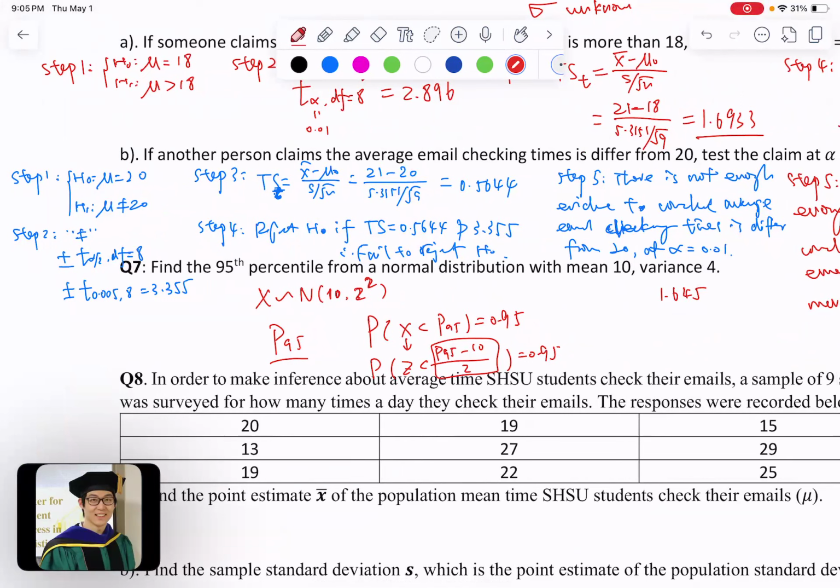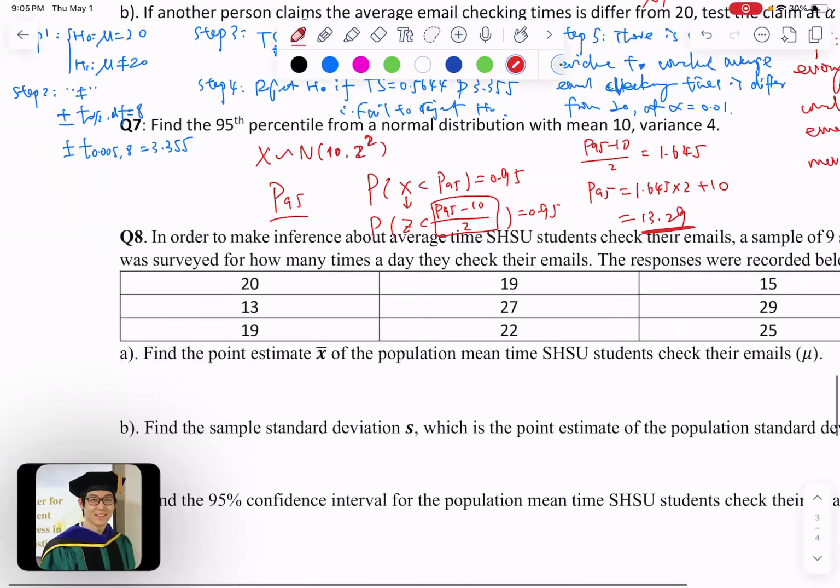And that is (P95 minus 10) over 2. So we have P95 equals 1.645 times 2 plus 10. That is 13.29. All right, question 8.